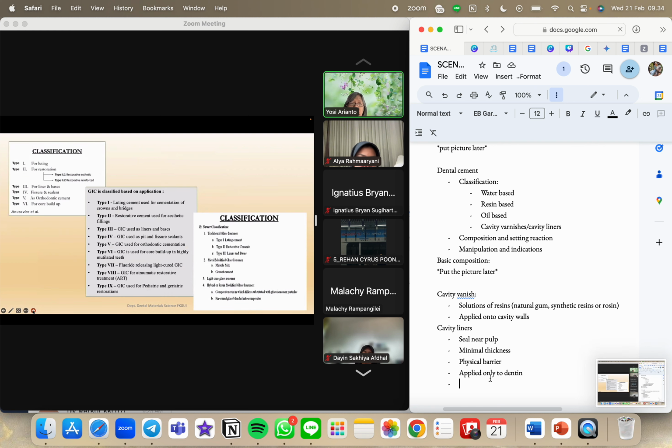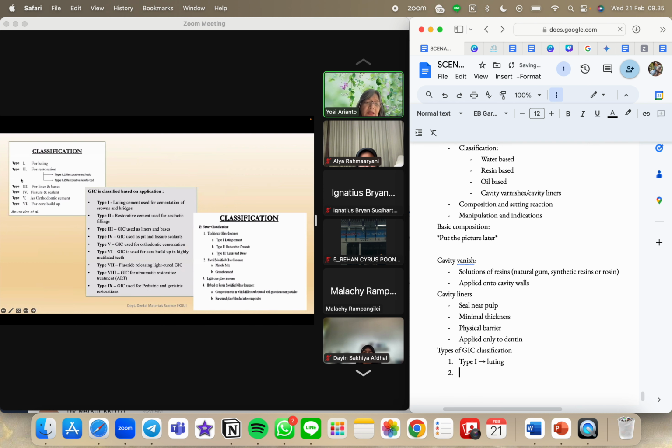There is a question about the types of glass ionomer. So I give you this classification from books, textbooks, and journals, and people give this classification. Sometimes it's confusing, but so that you know all this classification.